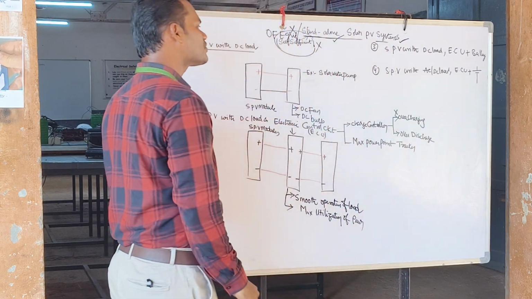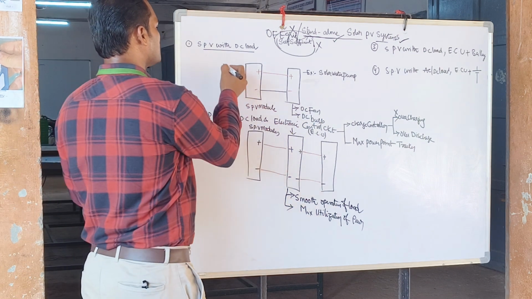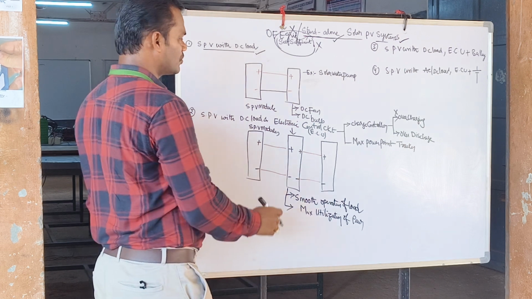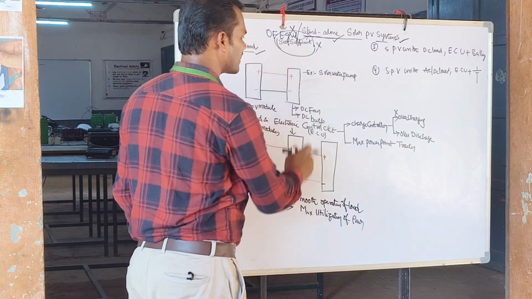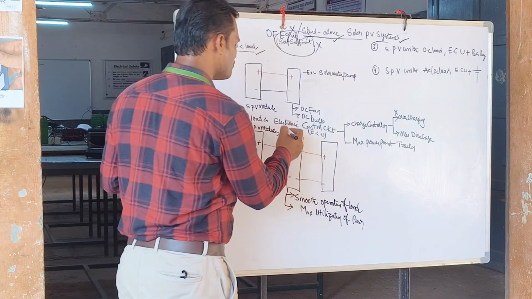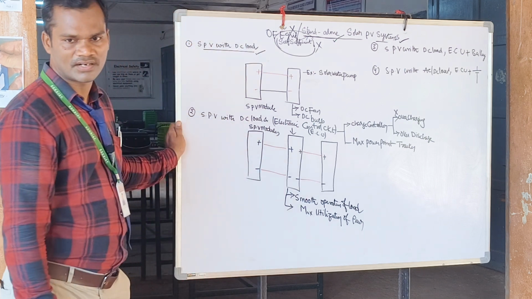Let's discuss the types. Standalone solar PV systems are basically of four types. The first one is a solar PV system only with DC load, where the solar PV system is directly connected to a DC load, but it has a few disadvantages. Those disadvantages are overcome by adding an electronic control circuit.